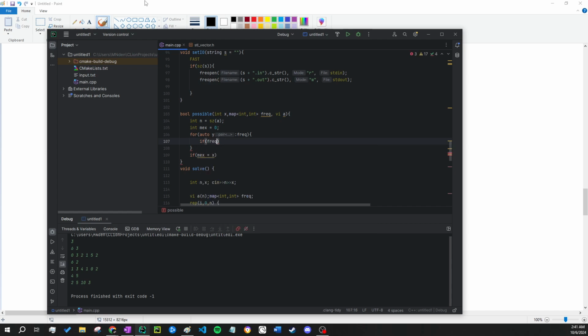How about this? Frequency dot max is not equal to 0, because if it is 0, we've got to find if there's a possible way to get it.